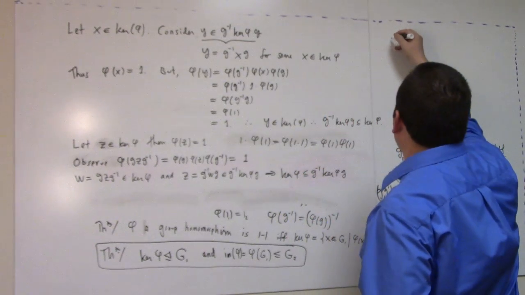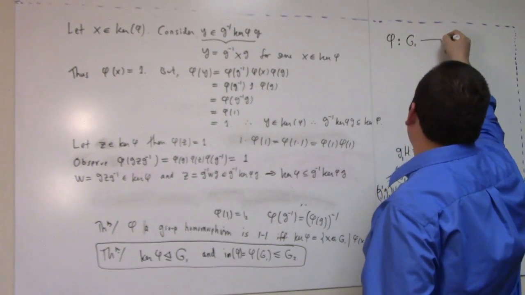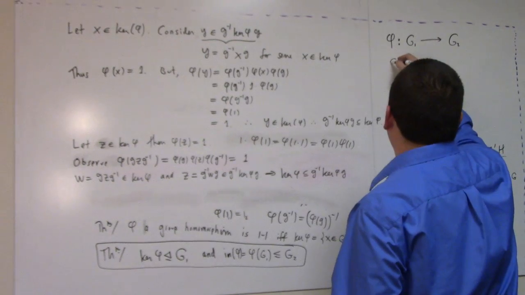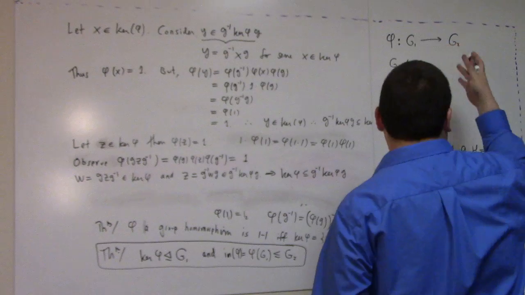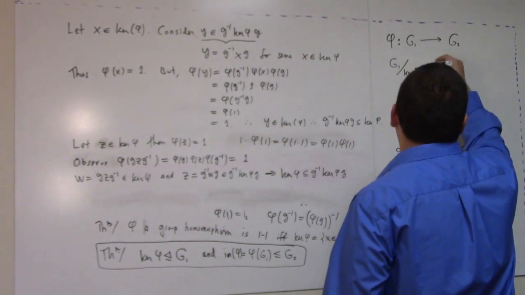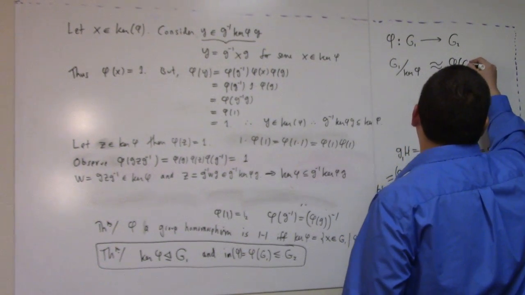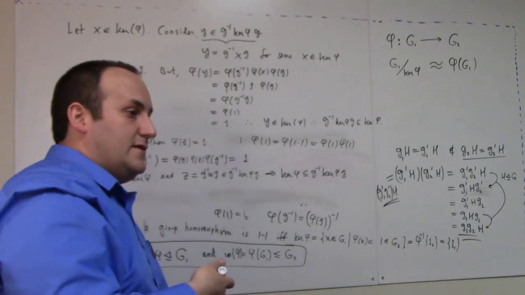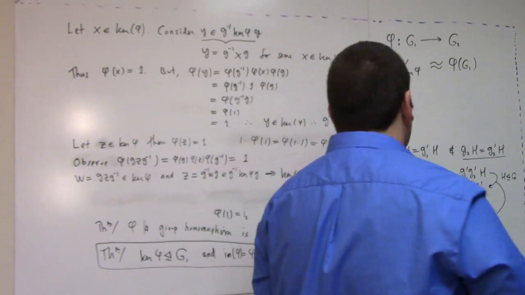It says that if you've got a homomorphism from G1 to G2, then G1 mod the kernel of phi, which makes sense because the kernel of phi is a normal subgroup, is in fact isomorphic to the image under phi of G1. So the domain mod the kernel is isomorphic to the range, or the image.